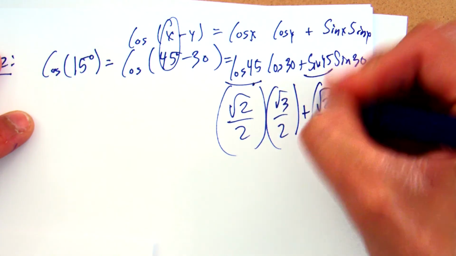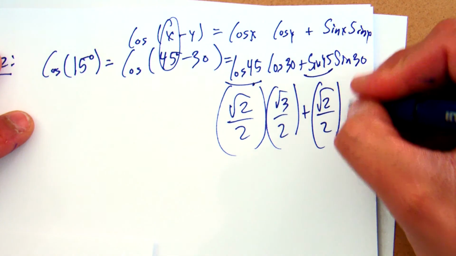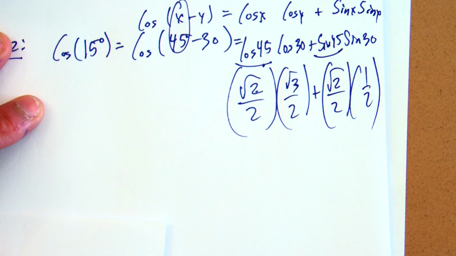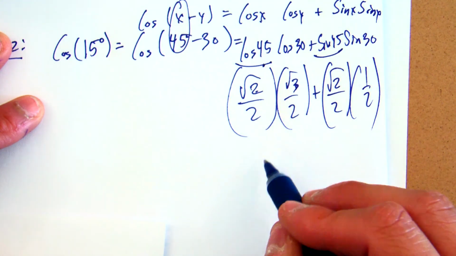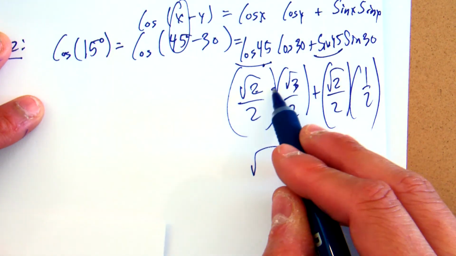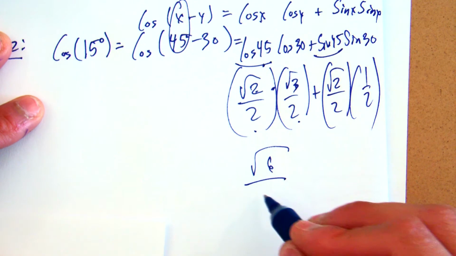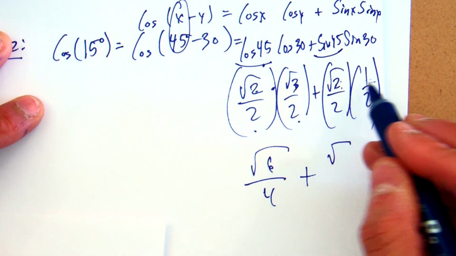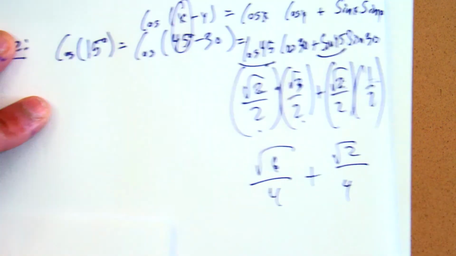Root 2 over 2. What's sine of 30? 1/2. Simplify, what do we get? What is this? No, times. Root 6 over what? Plus what? Root 2 over what? Add them up, what do we get?